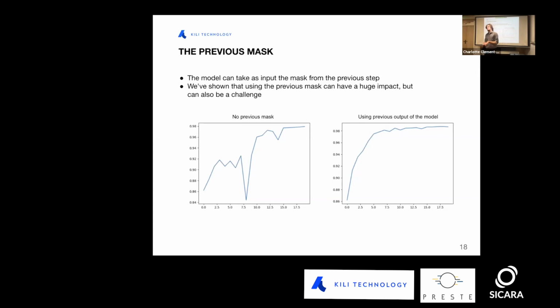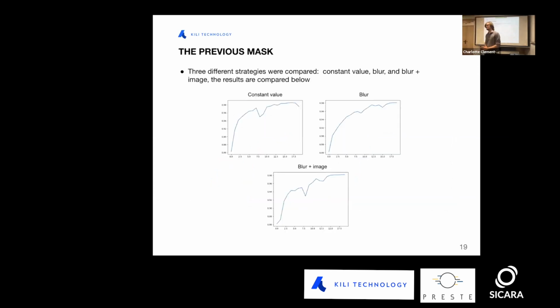And the previous mask, it's also important to emphasize that this is a matrix of floats. Here we study what we can do if we don't input floats, but constant values, so we just have a mask.